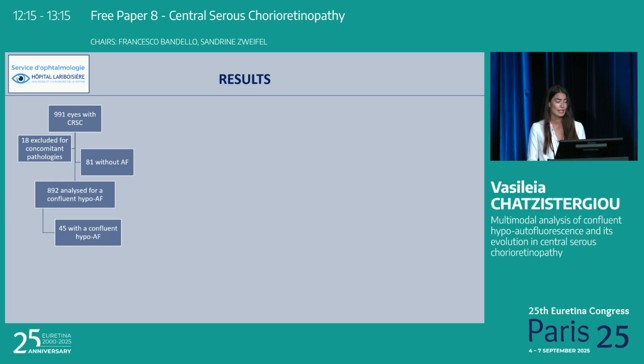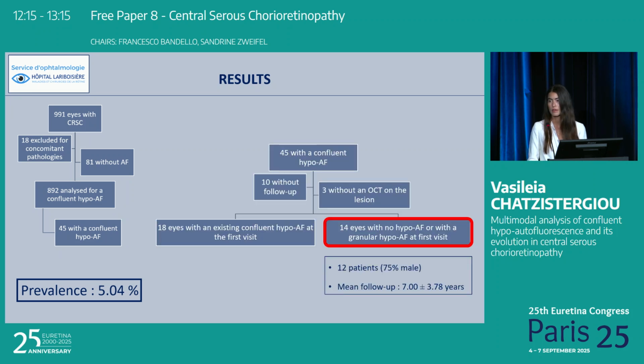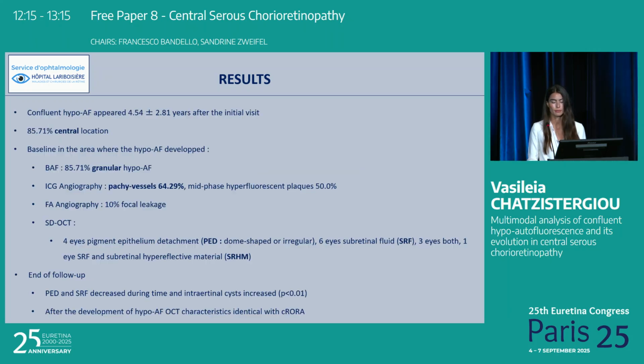So we analyzed 892 patients, and among them, 45 presented with a confluent hypoautofluorescence, which actually corresponds to a prevalence of 5.04%. Among them, we further analyzed patients that did not present with confluent hypoautofluorescence at baseline. And for the imaging analysis, we included 14 eyes. 75% of patients were male, and they were followed for around 7 years.